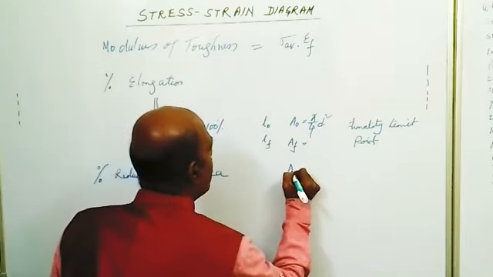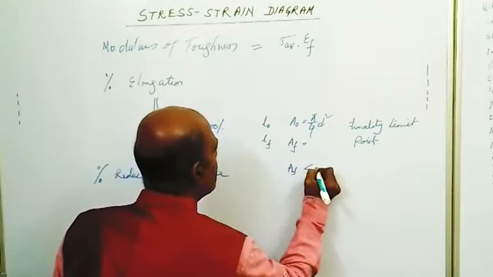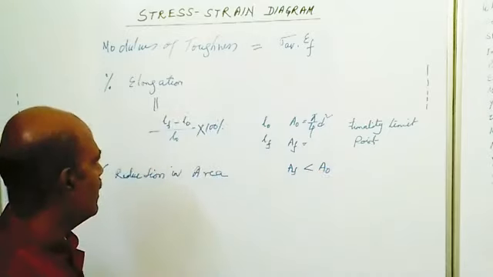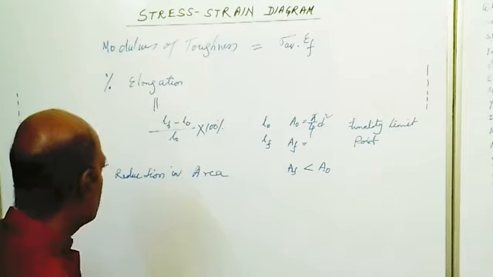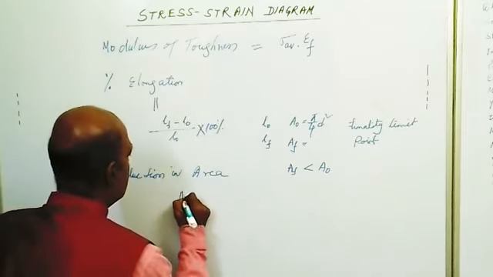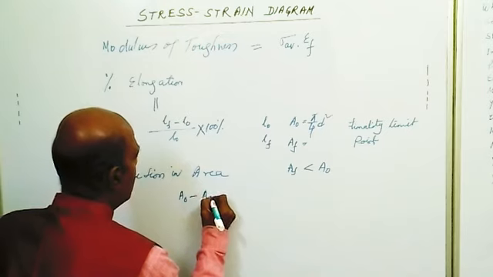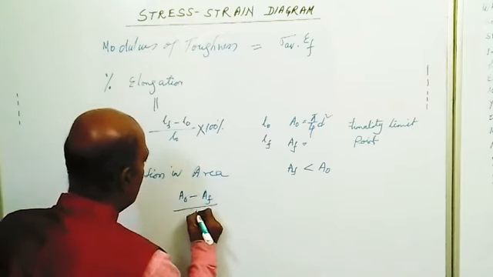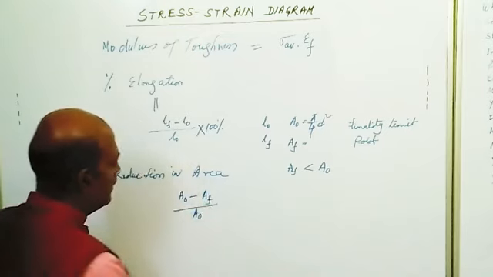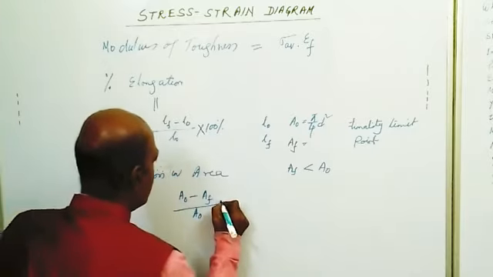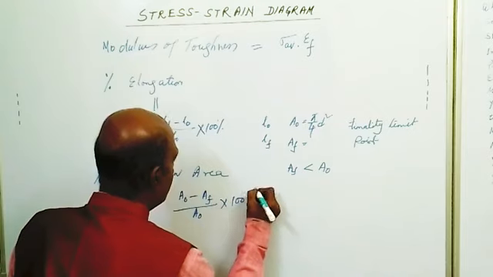Naturally AF will be less than the original area A0. So the change in area, A0 minus AF, per unit original cross sectional area is A0 minus AF by A0 into 100%.